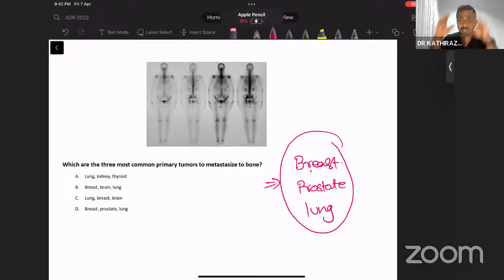Only if the options don't have breast or prostate, then you can think about lung. In a female, it is breast. In a male, it is prostate. Even if they are not mentioning male or female, the answer is still breast. Clear? Breast is the most common primary tumor to metastasize to bone.